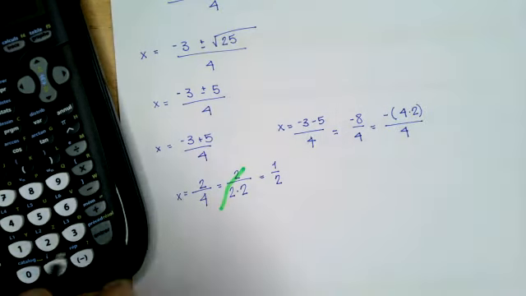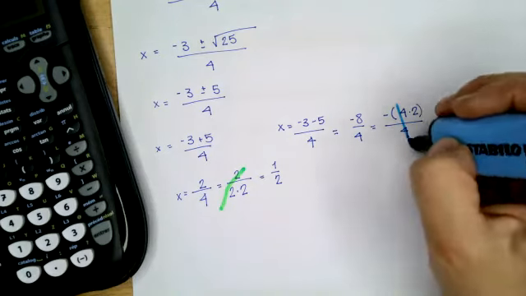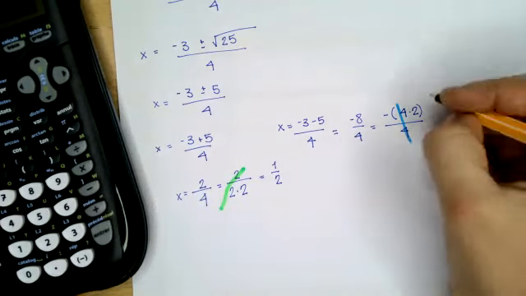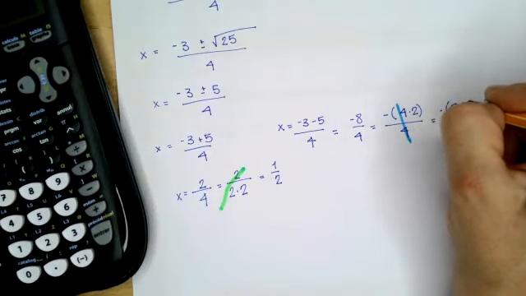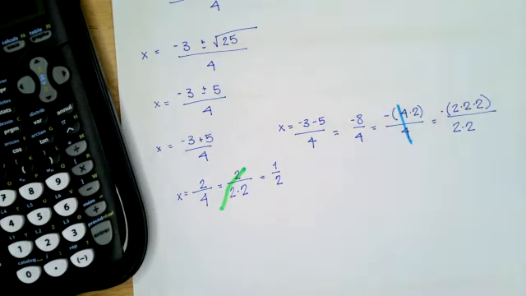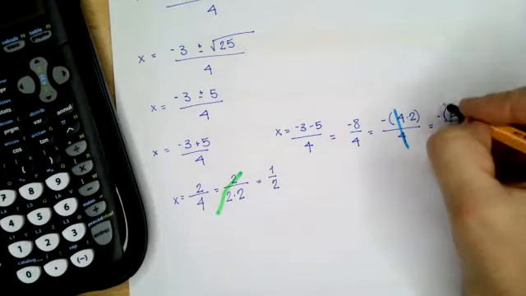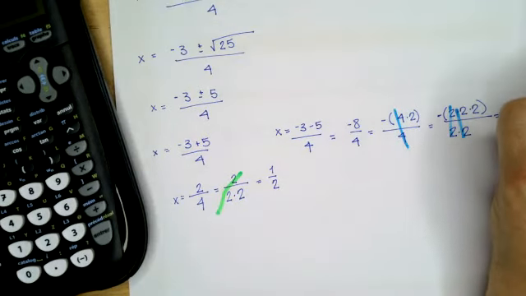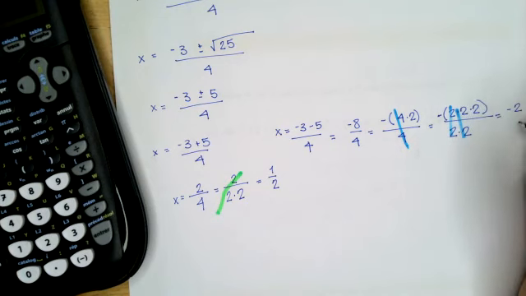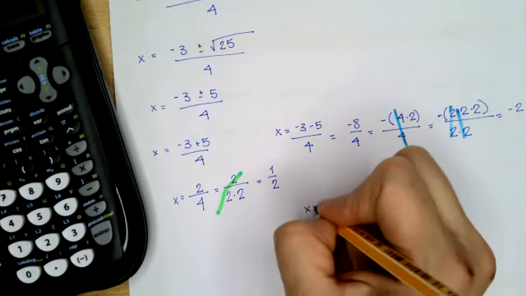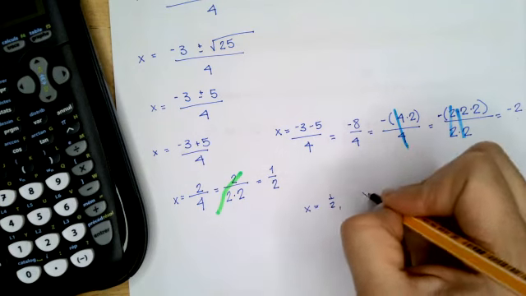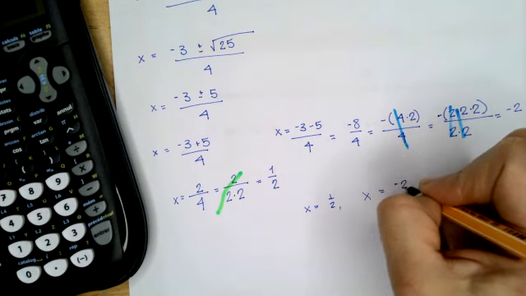And here we just have 4, right? Or you could say 2 times 2 times 2. And 4 is 2 times 2. And in that case, either way, you get a -2, and there's nothing on the bottom, so it's 1, right? So here it's x is 1/2 and x is -2 as our answers.